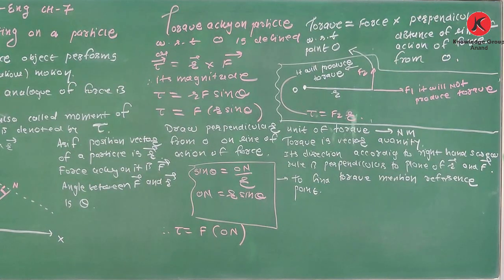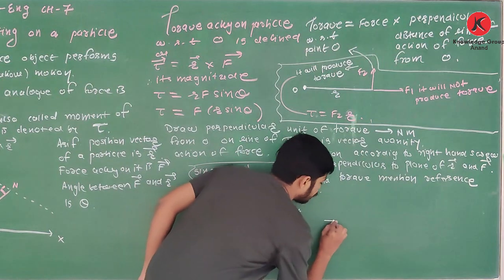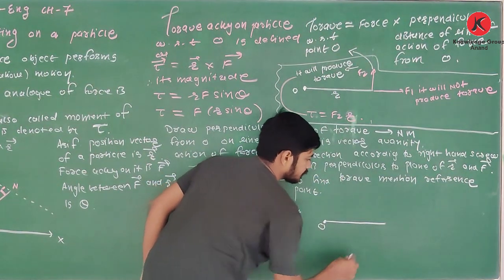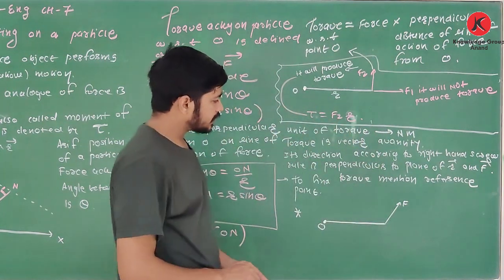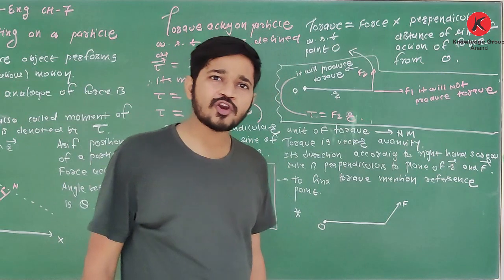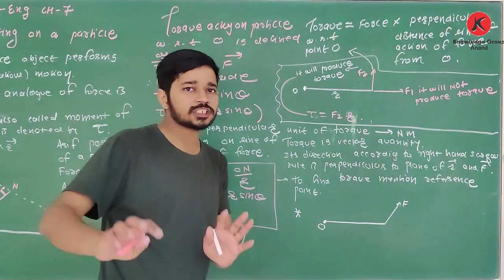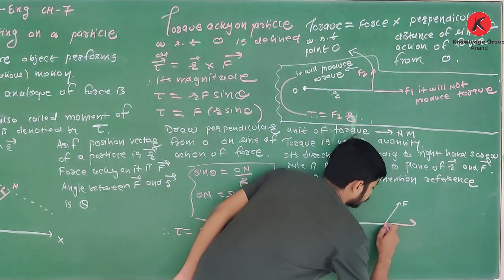One extra case, see, okay, if you are given one body like this, fixed from this point O, and force is applied in this direction, then is this force responsible for rotational motion? No. This force totally is not responsible for rotational motion. We have to resolve this force into two components.